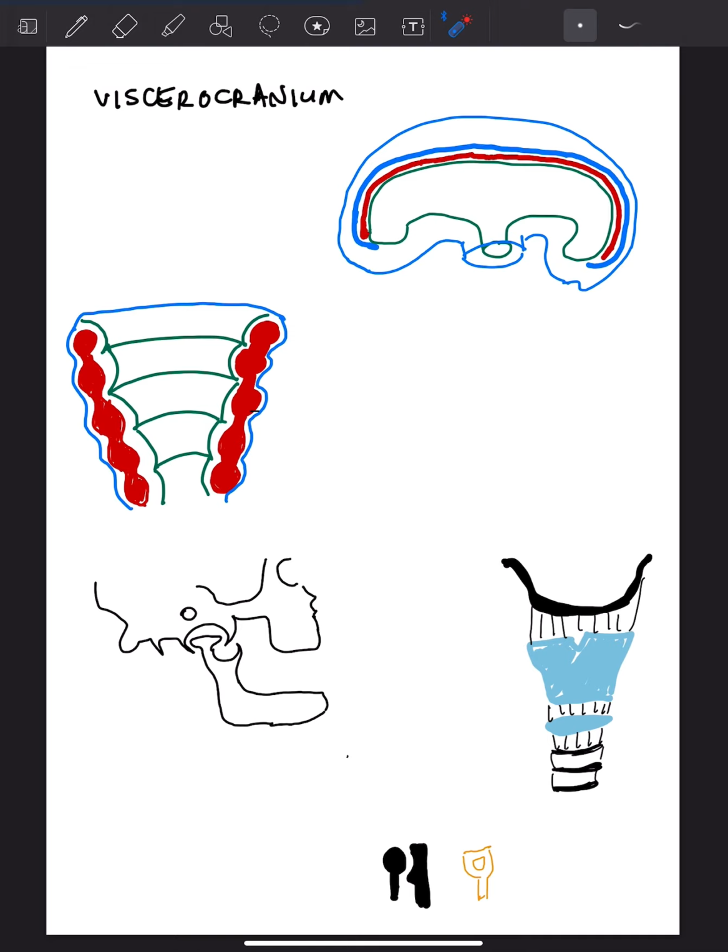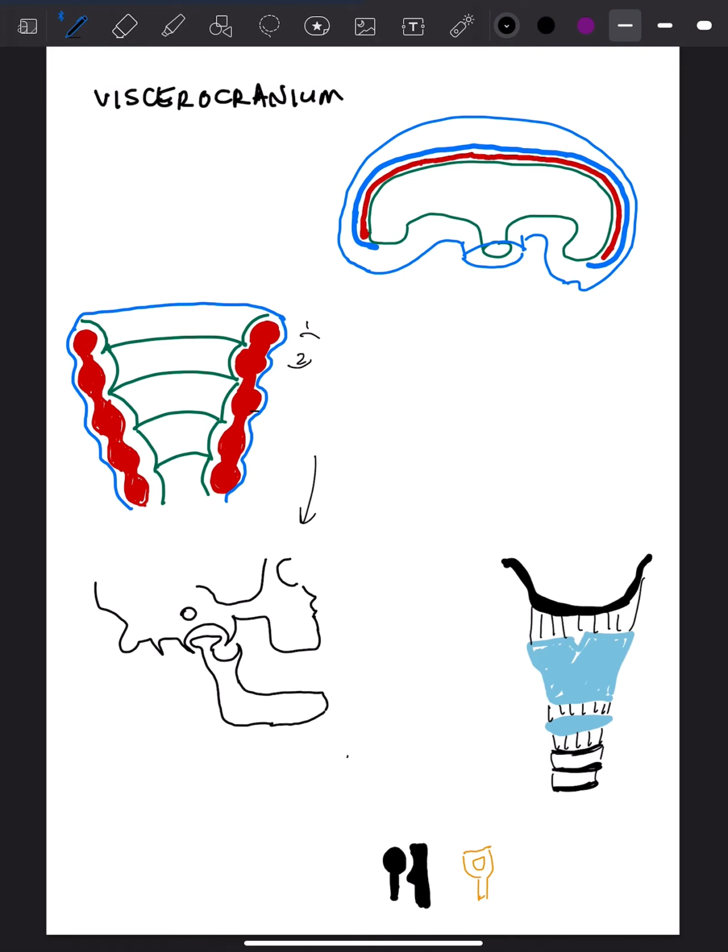The visceral cranium is going to develop through the pharyngeal arches. I'm going to describe this in more detail in the next lecture, but the visceral cranium mostly uses the first two pharyngeal arches, first and second, and that would form the bones of the face.